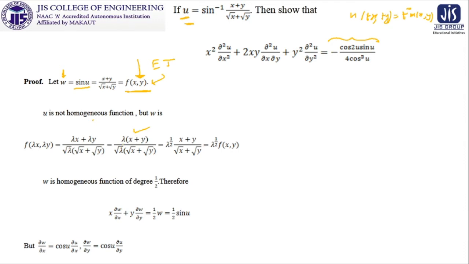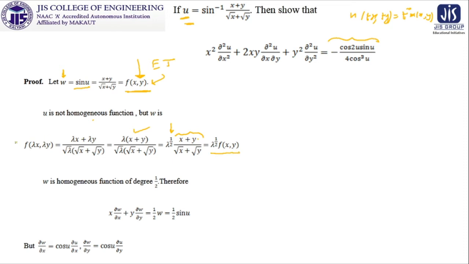Now lambda to the power half is in the denominator and lambda to the power 1 is in the numerator. So balancing them, you will get lambda to the power half. And the remaining part is (x plus y) by (root x plus root y), which is nothing but the function f of xy. So can't we write lambda to the power half f of xy?